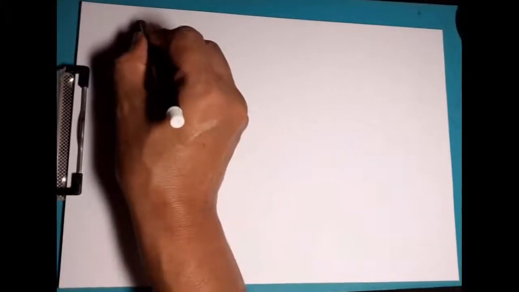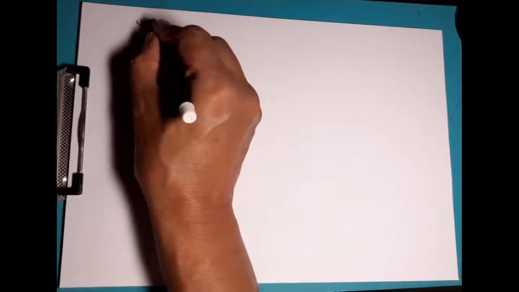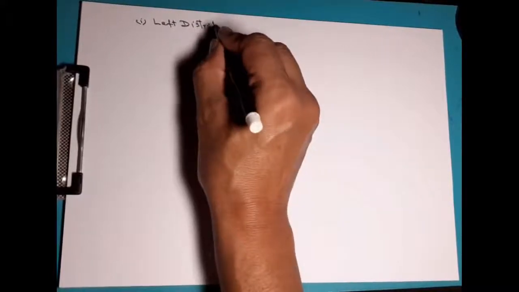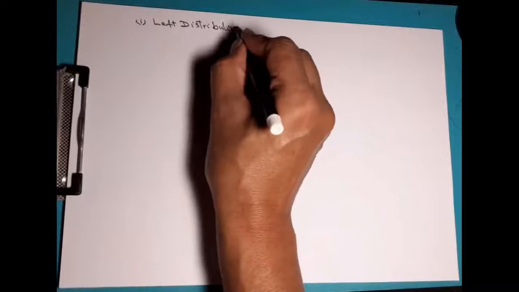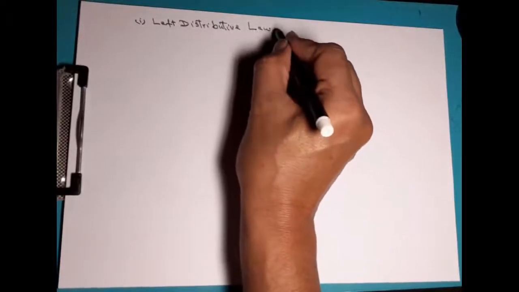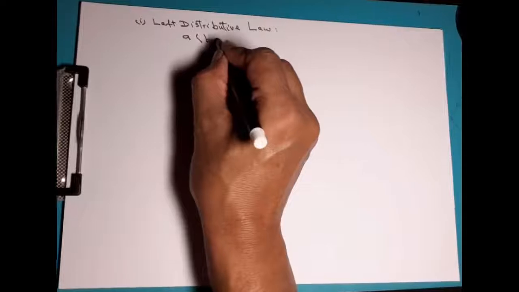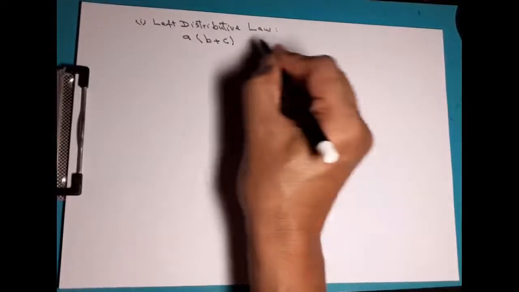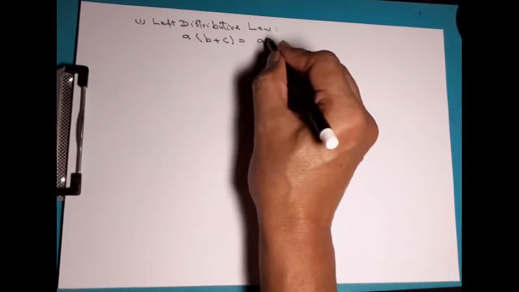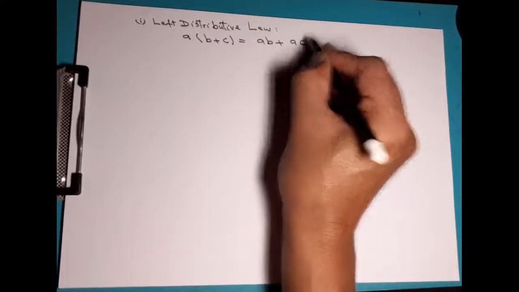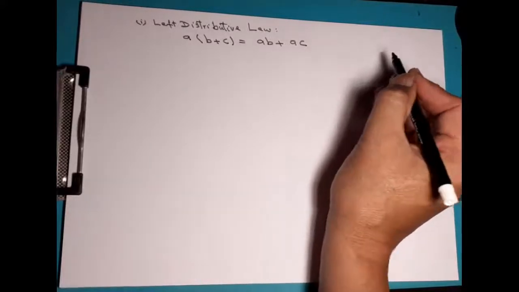So the left distributive law says that A multiplied with the sum of B and C is equal to A multiplied with B plus A multiplied with C. So this is the left distributive law.